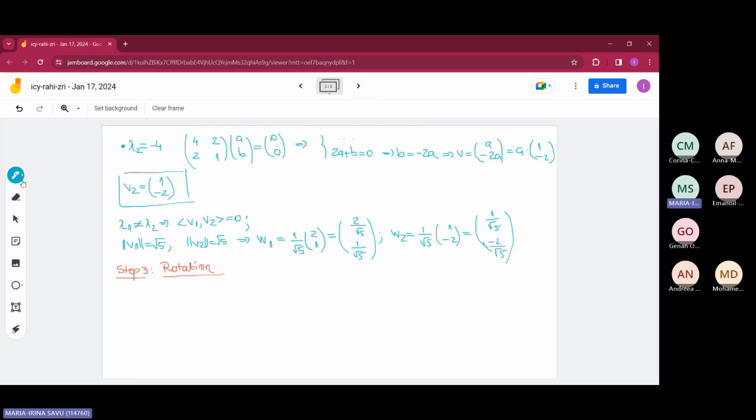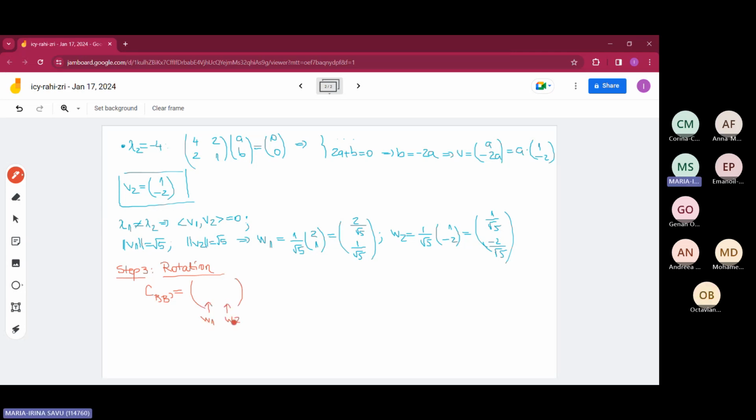Okay, so I'm going to write this fact here. For the rotation, you have two choices. The first one is to write this matrix, which consists of W1 and W2, where the canonical basis of R2 and B prime is the basis consisting of W1 and W2, or you write this matrix with W2 and W1.